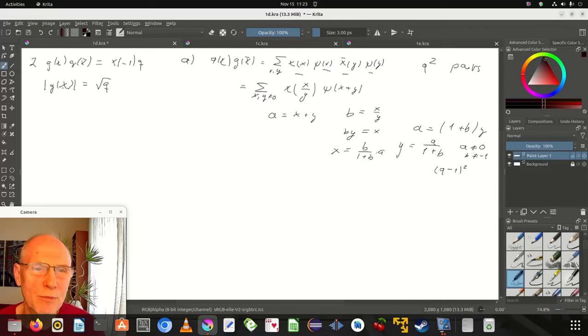Oh, that's because x and y are distinct from naught, so we actually here only have q minus 1 squared pairs.